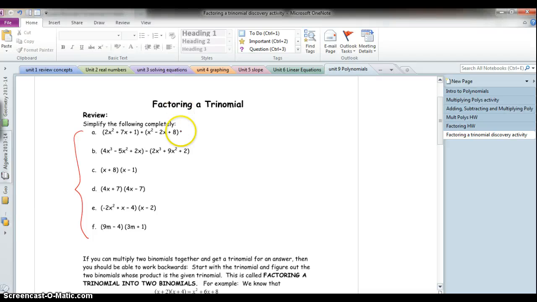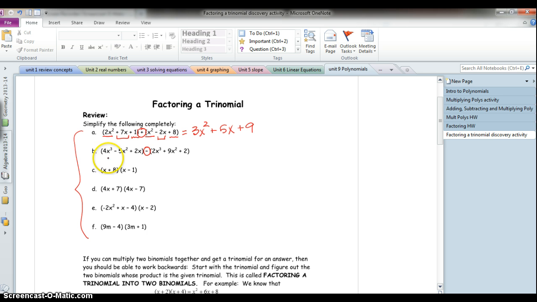Okay, so let's go through these and see if you got them right. So this first one is an addition problem. The only types of terms you can add are the like terms. So that would be the x squared terms, the x terms, that'd be a positive 5, and then your constants. Okay, the next one is a subtraction problem.